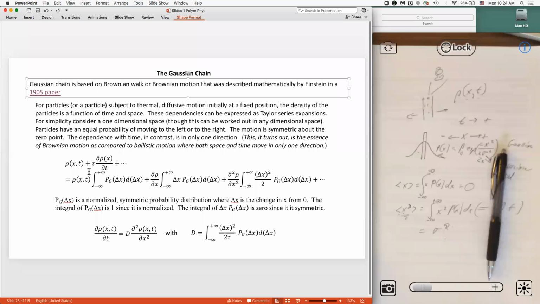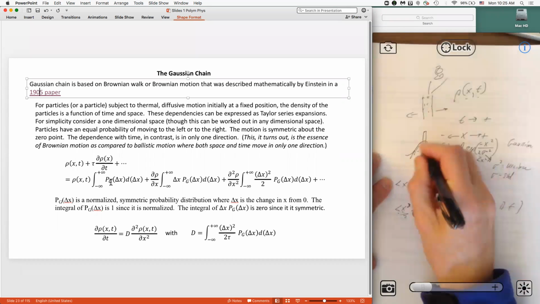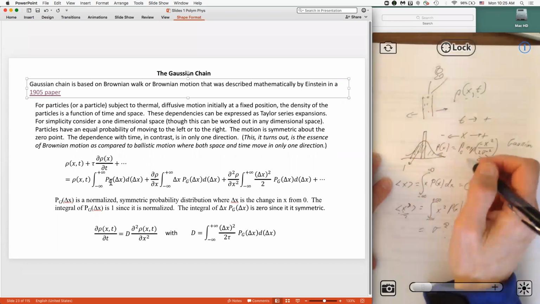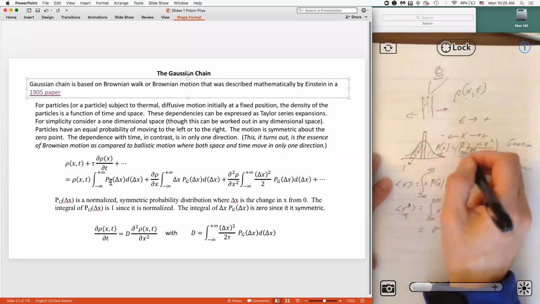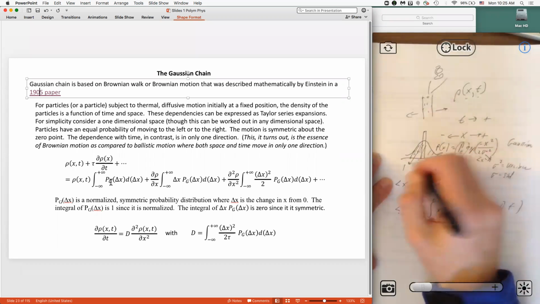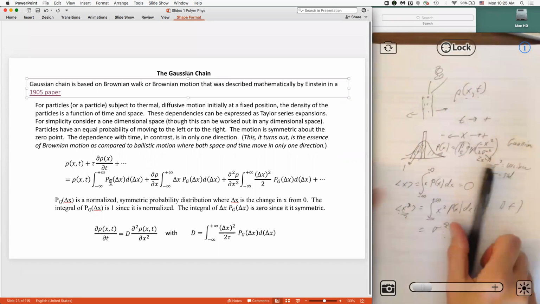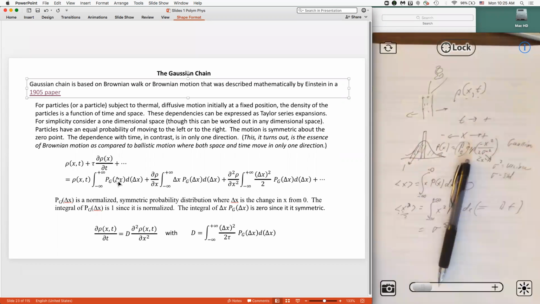That integral is 1 because you take the full area of this Gaussian, and the area is 1 if it's normalized. So this P0 has a value that normalizes it. It's the definition of the P0. That just gives you the density here. The density equals the density. Those two cancel out. So you just have the first derivative in time.